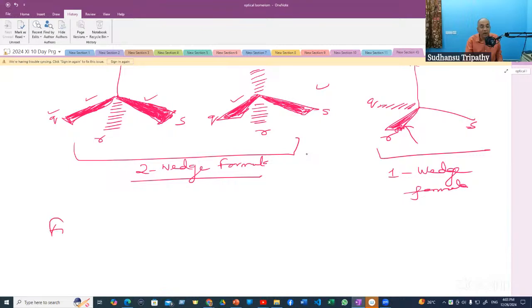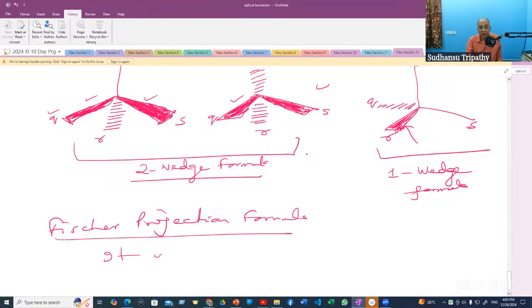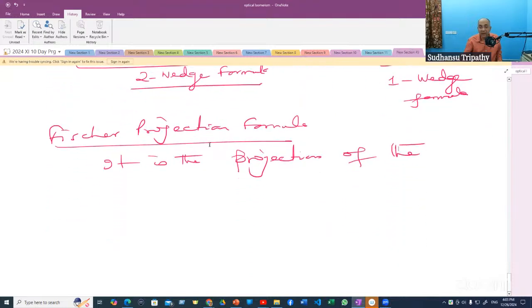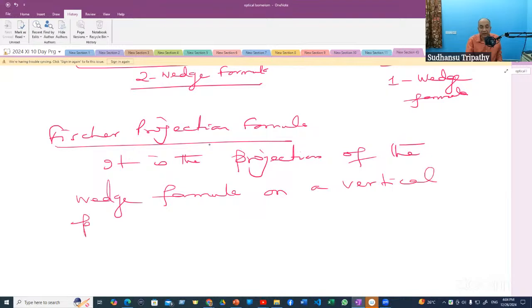And now, what is the Fischer formula, which is more easy to handle? That is also a projection formula. It is the projection of the wedge formula on a vertical plane. Just write down, I'll explain to you.